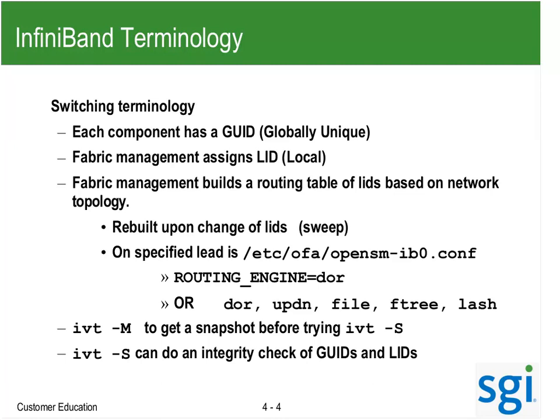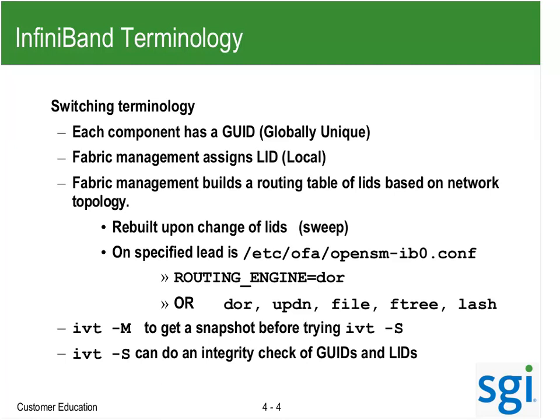So basically this OpenSM daemon, there will be two of them, a master and a failover. And then a second fabric will also have a master and a failover. So within your cluster, you'll typically have four OpenSM daemons running, two per fabric, master and failover.